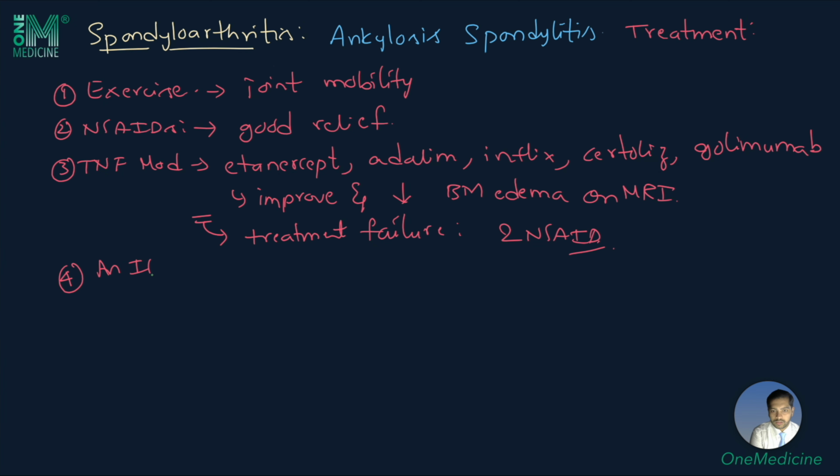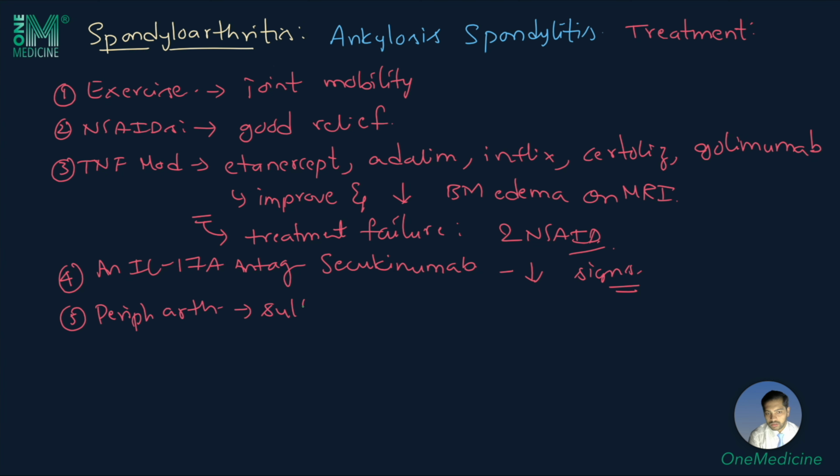An IL-17A antagonist, secukinumab, has been shown to reduce signs of disease activity in cases of peripheral arthritis. Sulfasalazine of 2 to 3 grams daily is shown to improve outcomes.